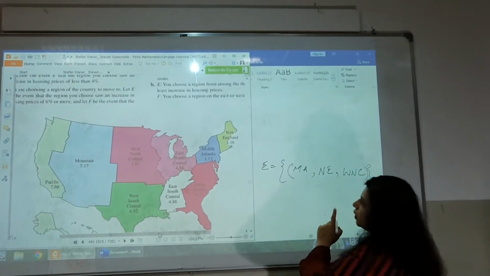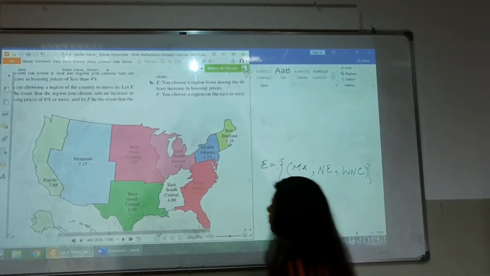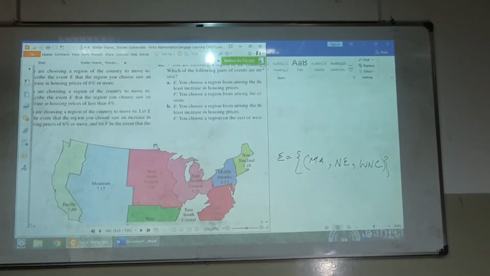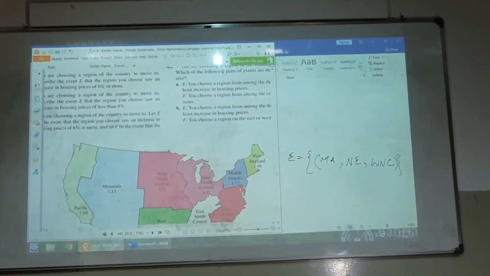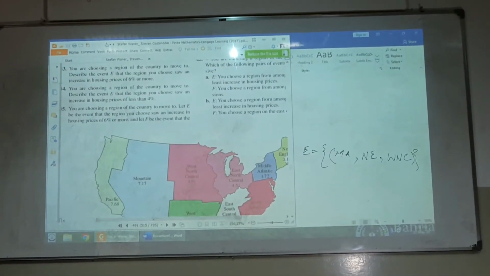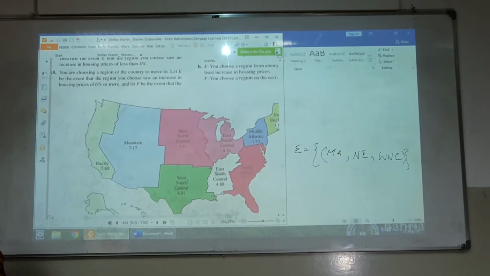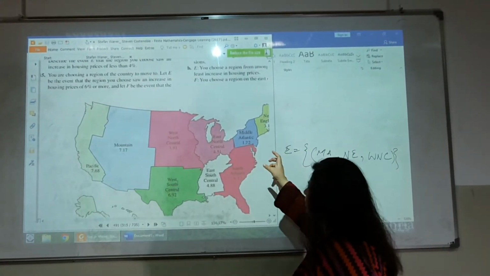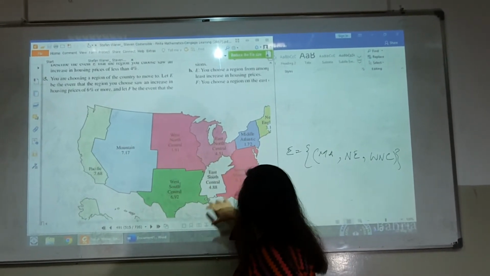Now I have to go back to part A. You choose a region from among the central divisions. So now I have to select a region from the central divisions. This was New England, so central would be something like this. This would be the central part.